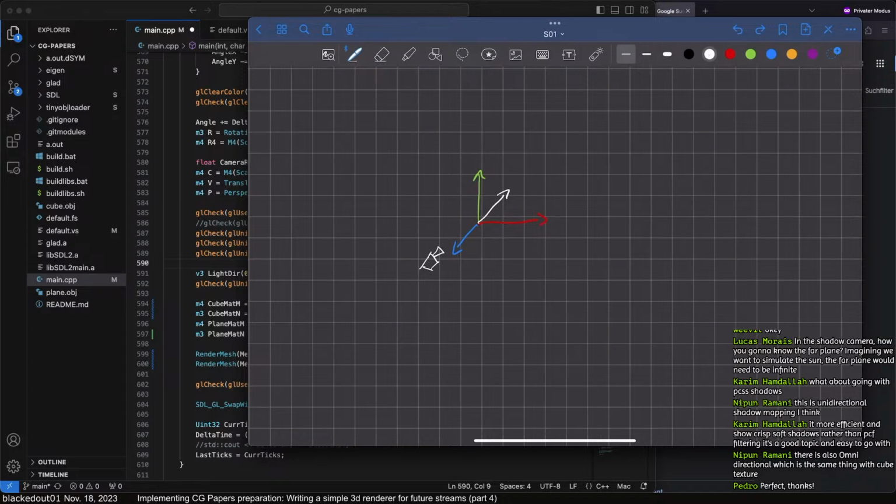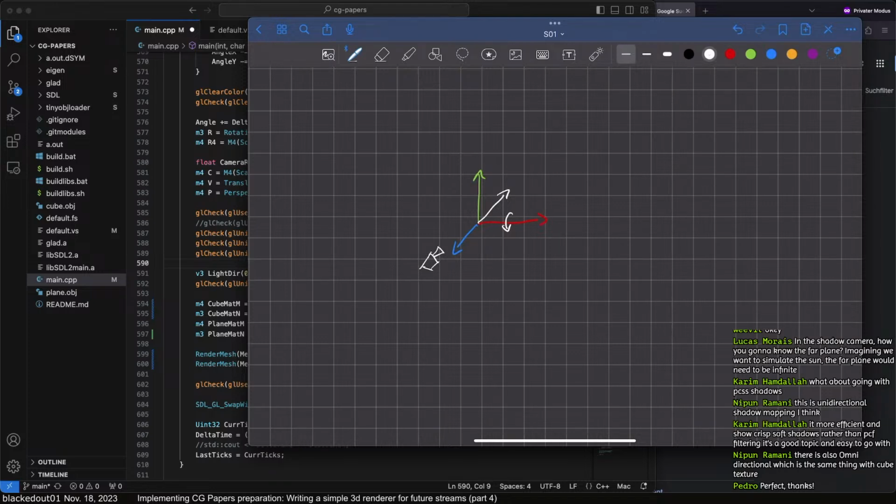First of all, I want to rotate this vector around the x-axis. So what I'm trying to do now is basically get the direction of the light at the same time as I'm getting the camera matrix for the light.